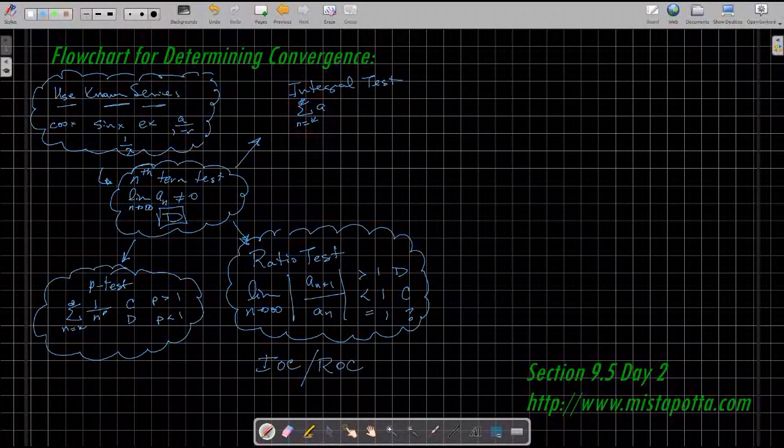So I really want to compare a sub n to the integral from k to infinity of f of x dx, and they either both converge or diverge.